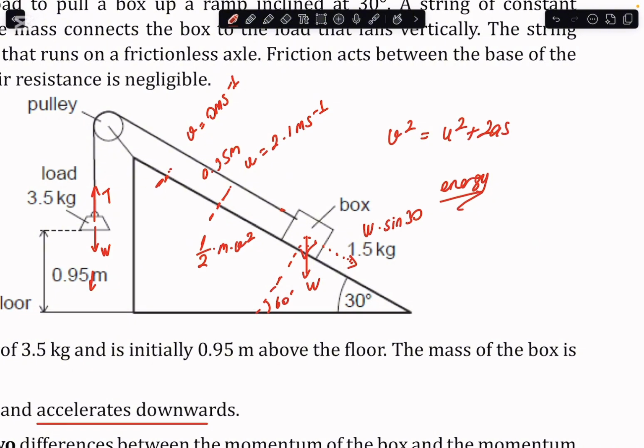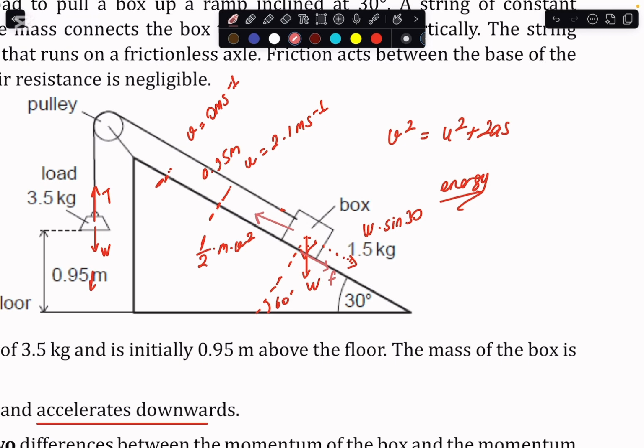W sine 30 is the component of weight that's acting downwards because the box wants to move downwards from the ramp. And the box is moving in this direction, which means the frictional force is going to be moving in this direction. So when you look at this picture, you can say the box is moving this way, but the component of weight and frictional force are acting this way.